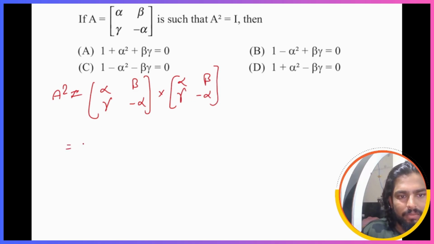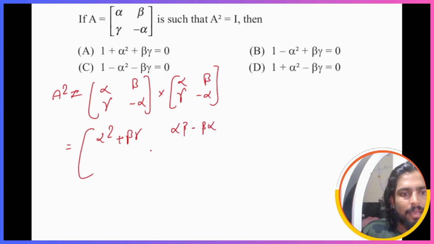If you multiply, we get alpha into alpha is alpha square plus beta gamma. Alpha into beta minus beta alpha, right? Next, alpha into alpha is alpha, so gamma alpha minus alpha gamma.